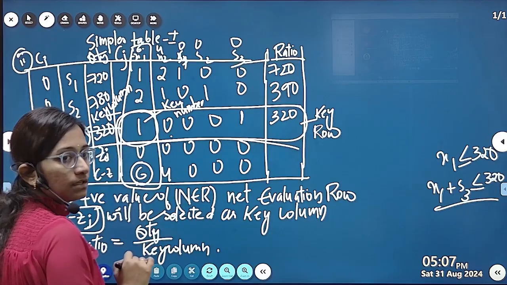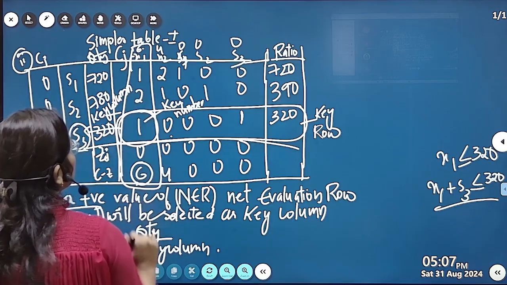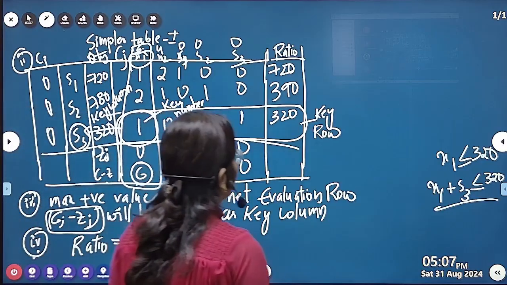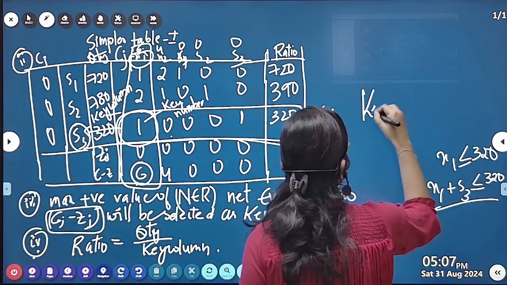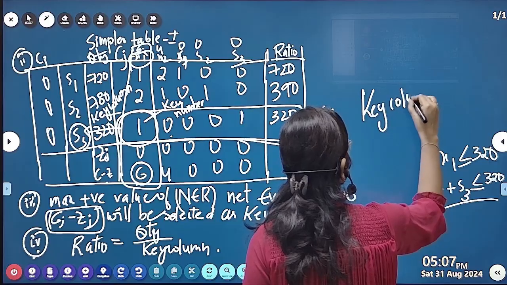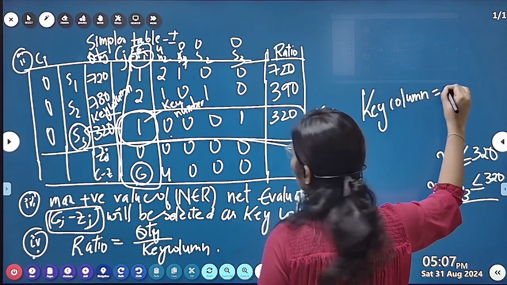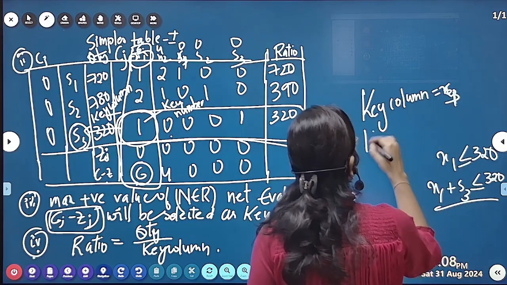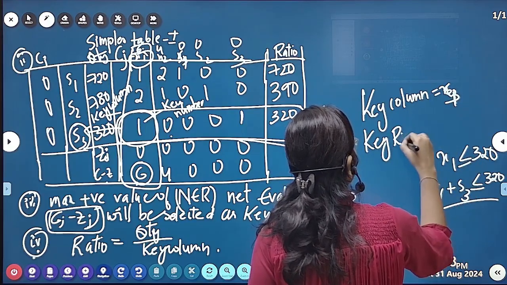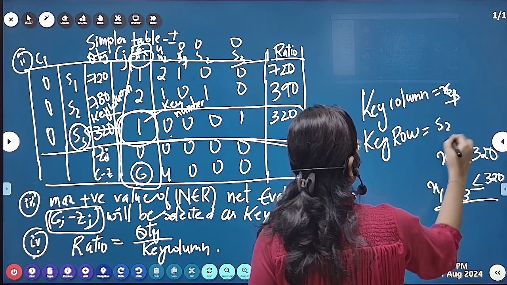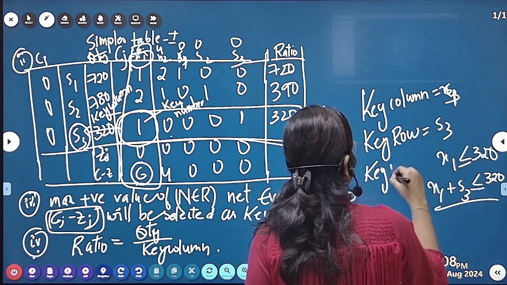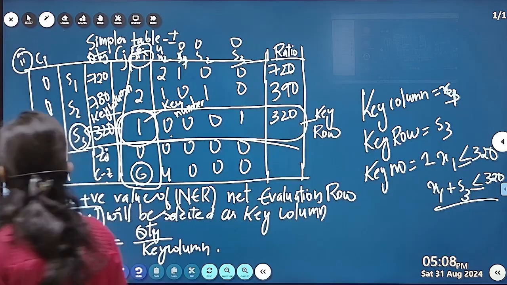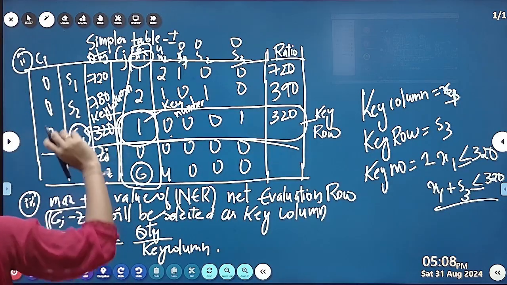Slack number S3, and this column is X1, and this number is 1. Write it just like this: key column is X1, key row is S3 and key number is 1, like this. Okay? Can I erase this one?